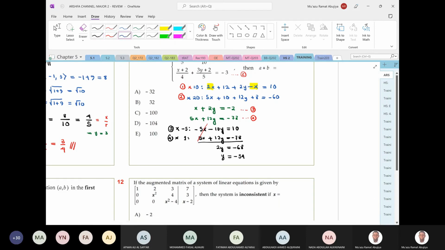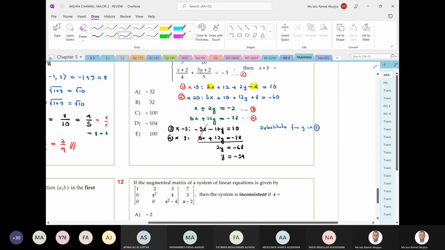Then how do I get x? We can substitute for y in equation number 1 or equation number 2 or 3 or 4. If you look at it, it will be easier in number 3. But you can use any equation you like.